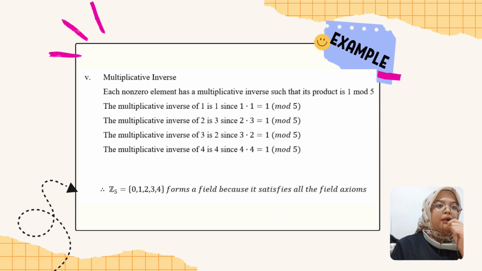The multiplicative inverse of 1 is 1 since 1 dot 1 equal 1 mod 5. The inverse of 2 is 3 since 2 dot 3 equal to 1 mod 5. The inverse of 4 is 4 since 4 dot 4 equal to 1. So the conclusion is Z5 with elements 0, 1, 2, 3, 4 forms a field because it satisfies all the field axioms.